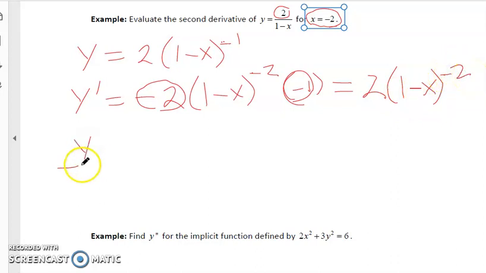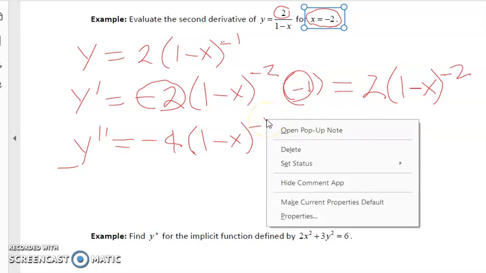Your second derivative, y double prime, would be equal to, okay, again, you have to use your chain rule. Negative 2 multiplied by 2 to give you negative 4. 1 minus x is inside your brackets again. Now you subtract another 1 from that negative 2, and you get negative 3.